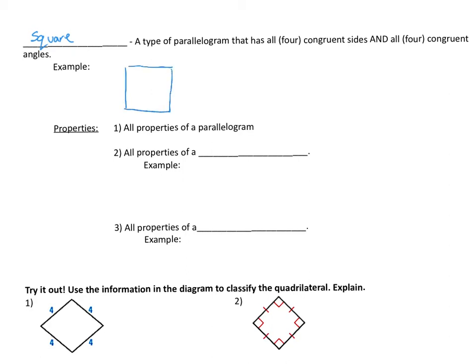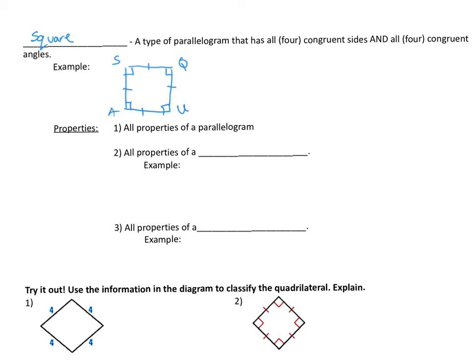And if you don't remember, if all of our sides and angles are congruent, a square is also considered a regular quadrilateral. So if you're wondering what a regular quadrilateral is, it's a square.